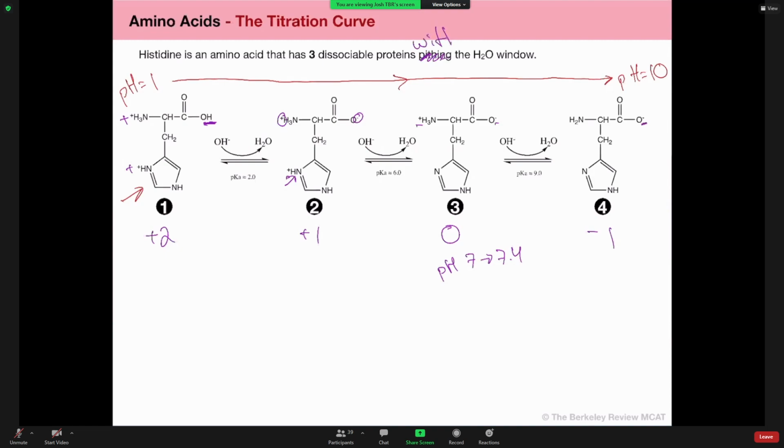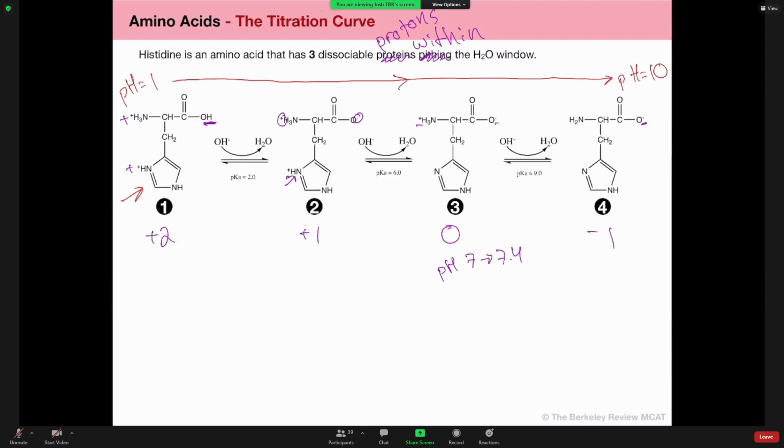It's a typo. So histidine is an amino acid that has 3 dissociable protons, right, within the H2O window. And this is not supposed to say "proteins," it's supposed to say "protons." That makes way more sense. Thanks for catching that. Spell check, totally. Cool. So histidine has 3 dissociable protons within the H2O window.